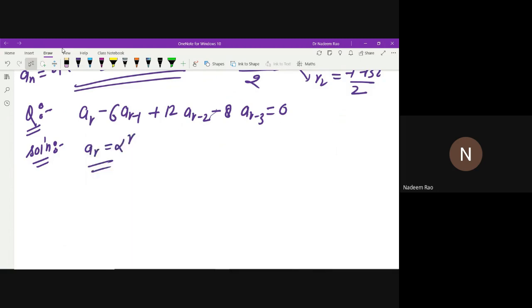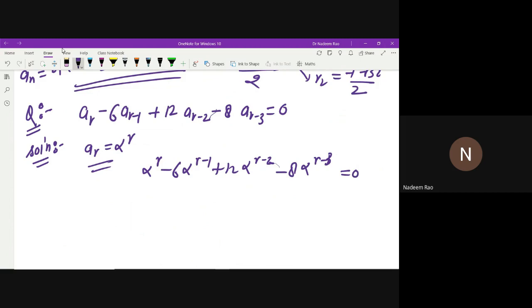Then we get the equation alpha^r - 6 alpha^(r-1) + 12 alpha^(r-2) - 8 alpha^(r-3) = 0.